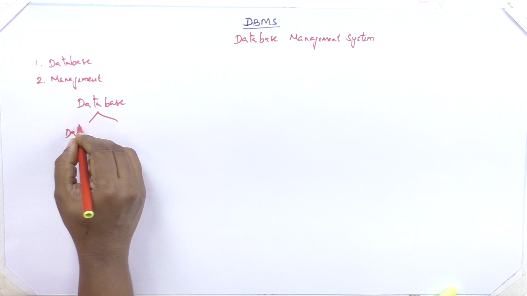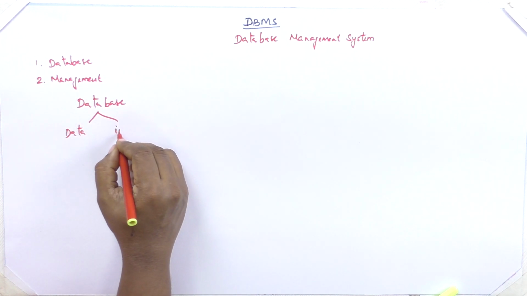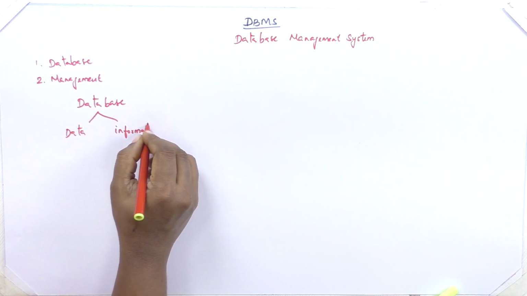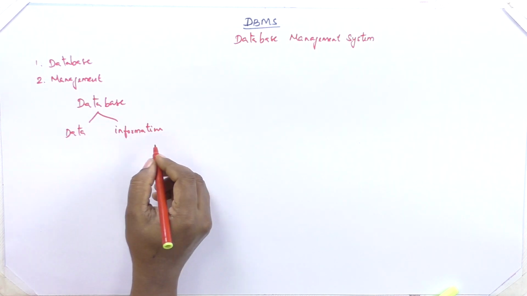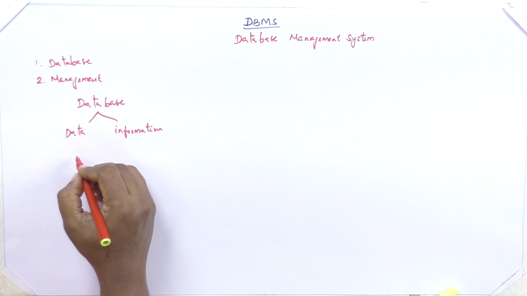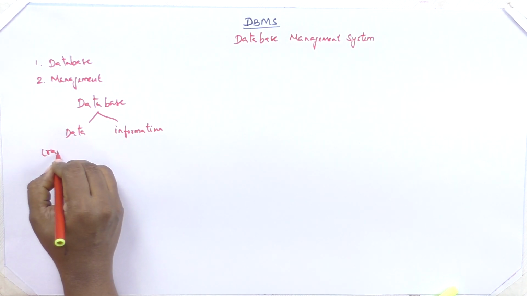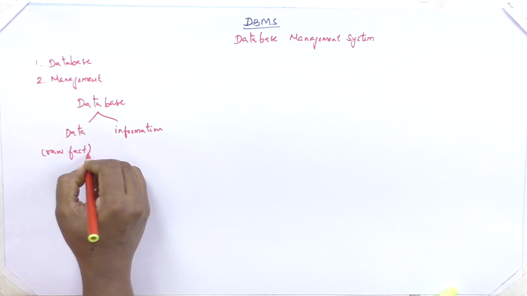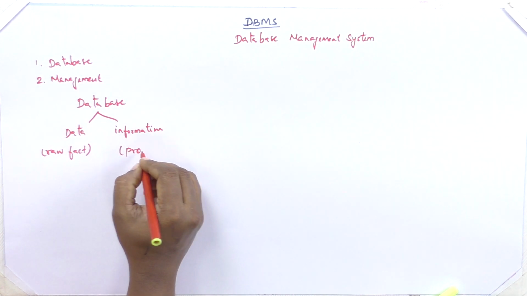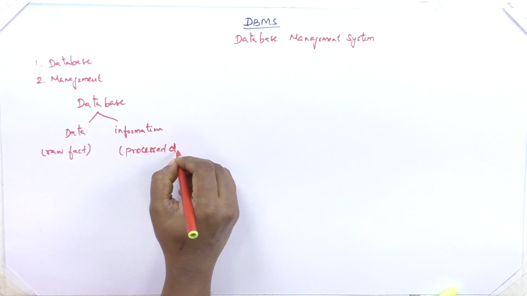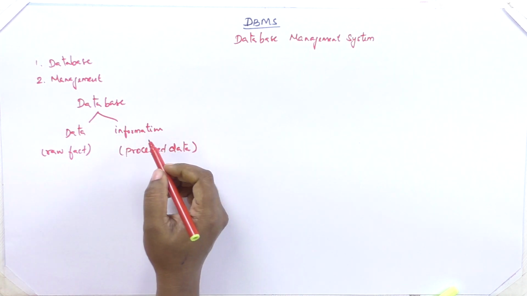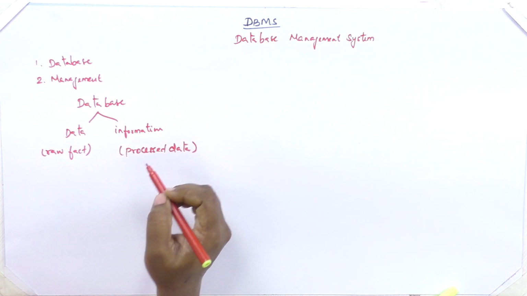We should know first what is data and what is information. We already know the definition for data. Data is nothing but raw fact, and information can be called as processed data. Data is a raw fact and information is processed data.